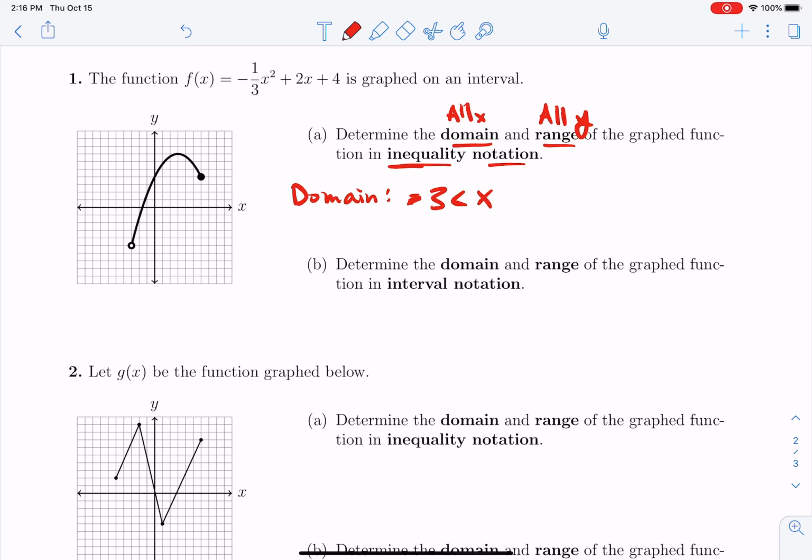And now to determine our right bound part of the interval, we can do the same thing. So I'm going to draw hopefully a better vertical line.